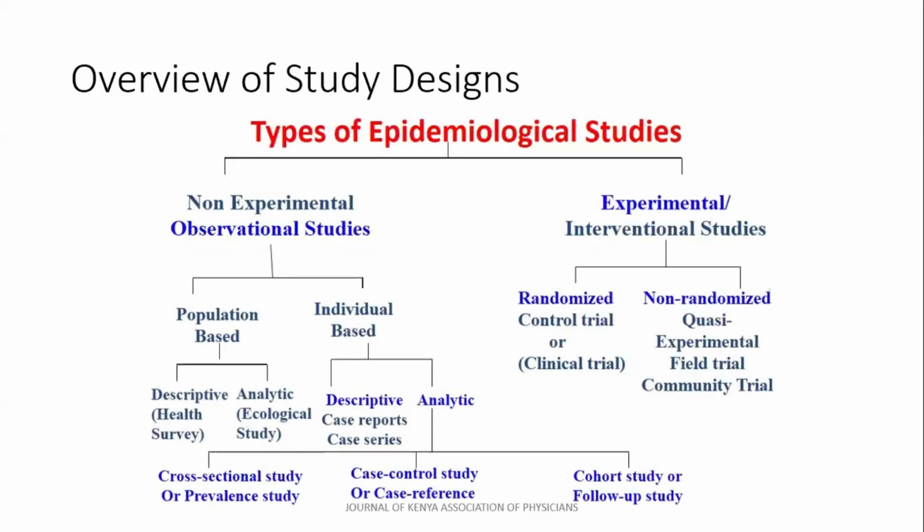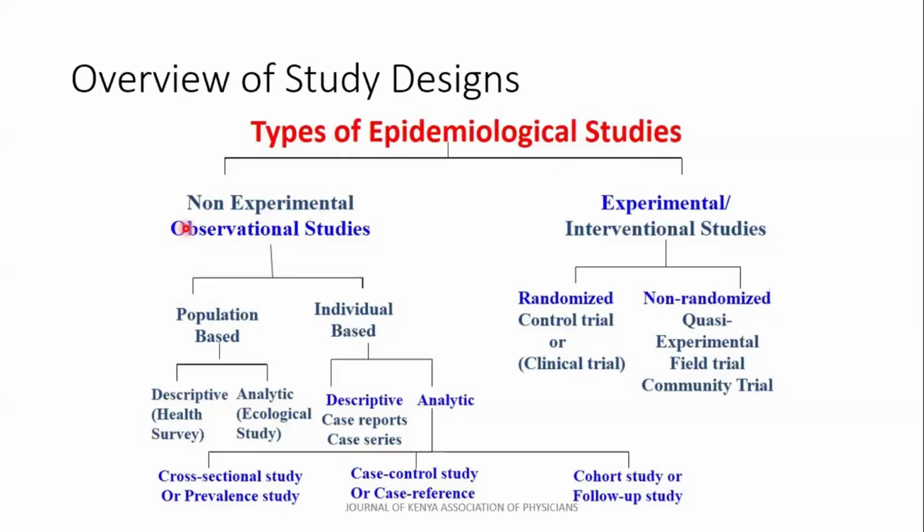So this flowchart shows you a summary of how the epidemiological studies are classified. So broadly, we classify them into observational studies or non-experimental studies.